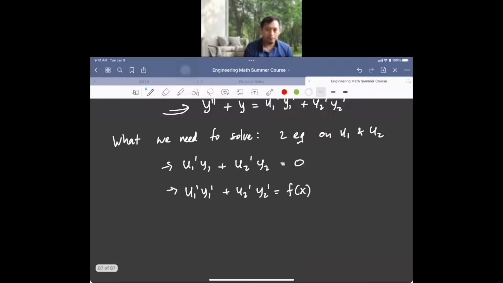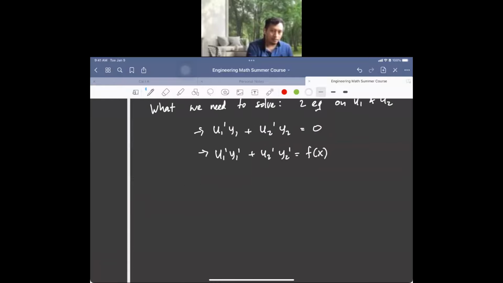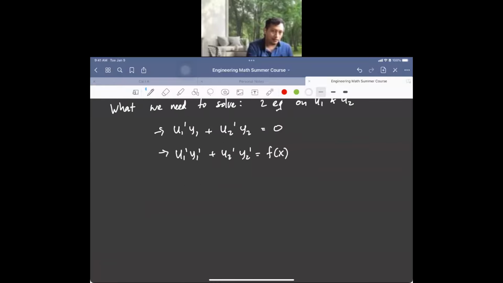So we solve for u1 prime and u2 prime in terms of f of x, y1 and y2. And we always get the formulas for any function f of x. But we need to remember that we have this kind of structure that's similar to what we have in the linear one.